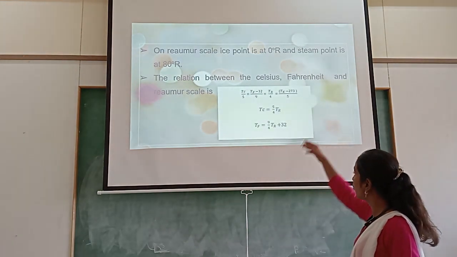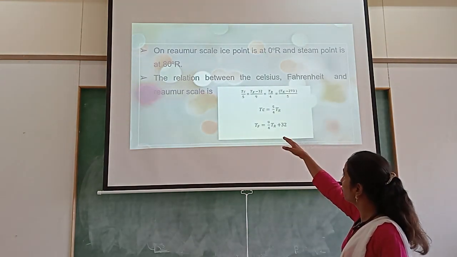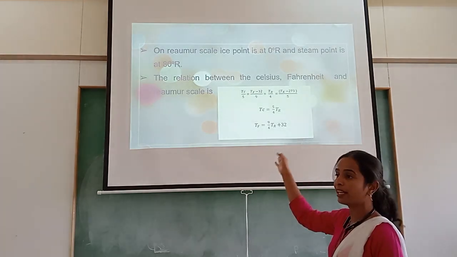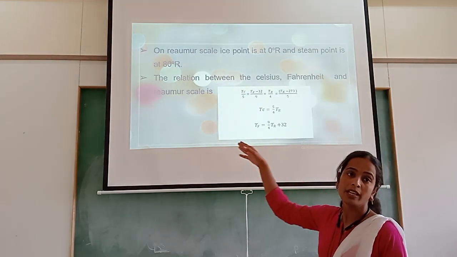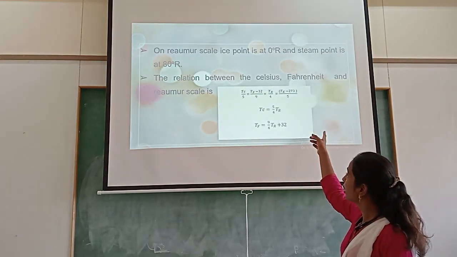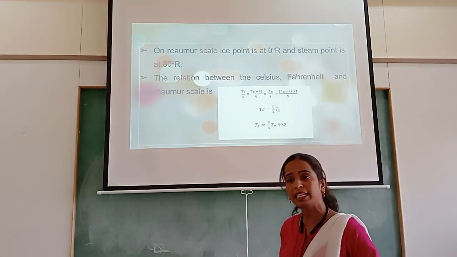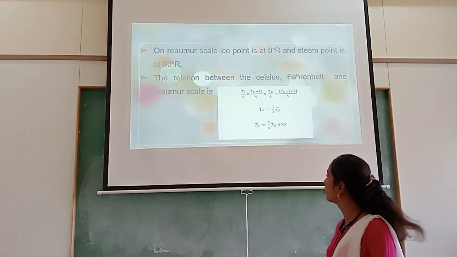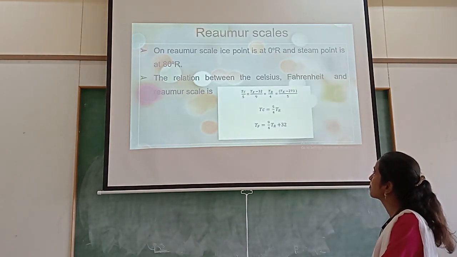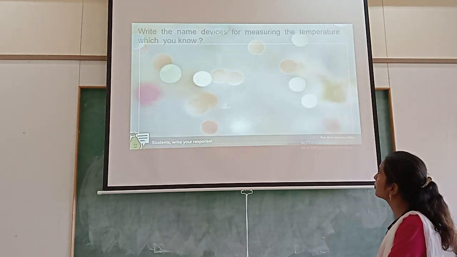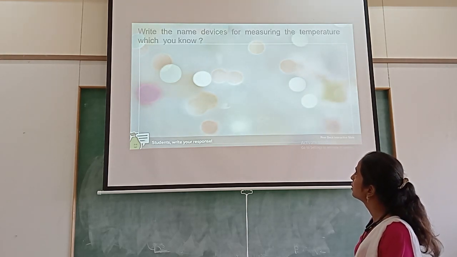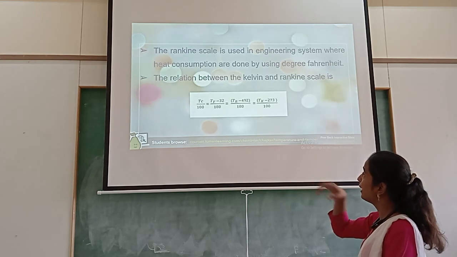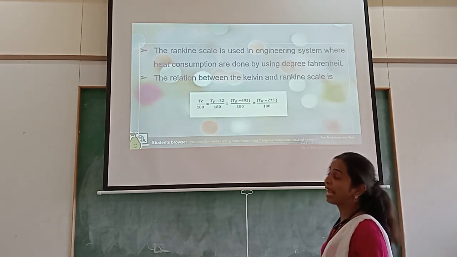These are the formulas from which we can convert degrees Fahrenheit to degrees centigrade, to degrees Kelvin, and to degrees Reaumur. These first formulas give the relationship between degrees centigrade, degrees Fahrenheit and degrees Reaumur. Then the last scale is the Rankine scale.